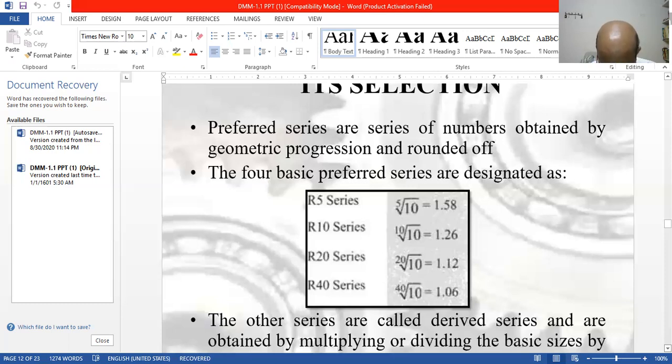So here these are the preferred numbers for metal products, the preferred numbers for the basic series, according to the IS code of 1990. Just mention this in the examination, write this series, and then you can see.